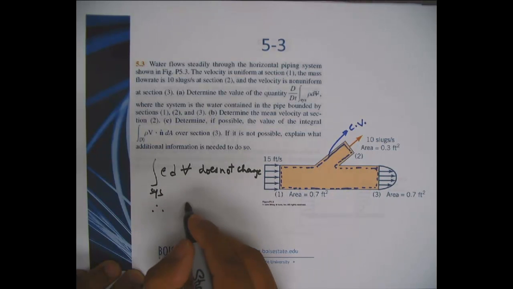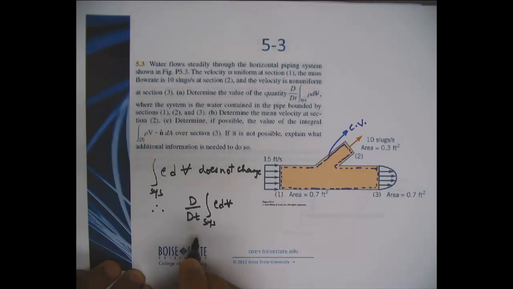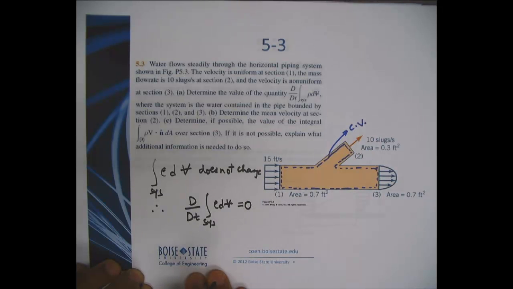Therefore, d over dt of the system, using the mass conservation principle, is 0.